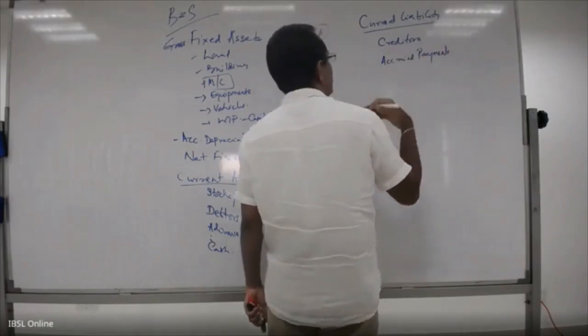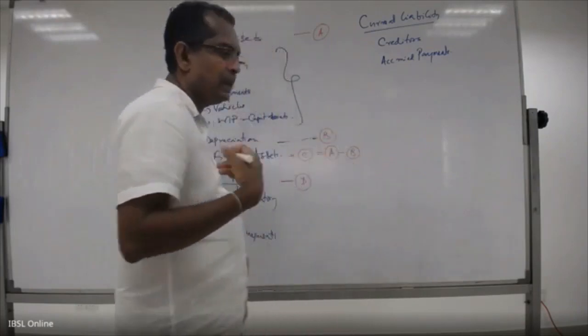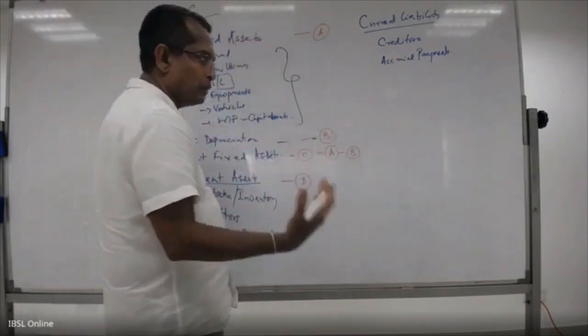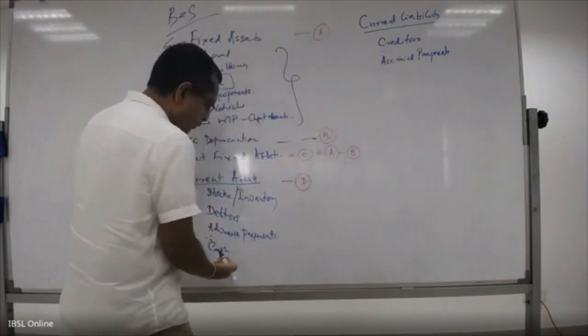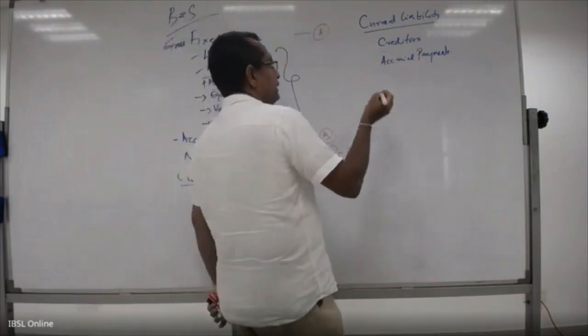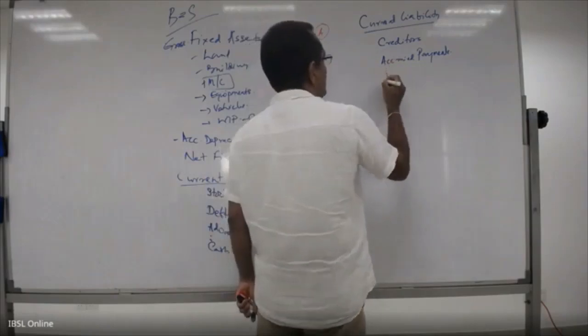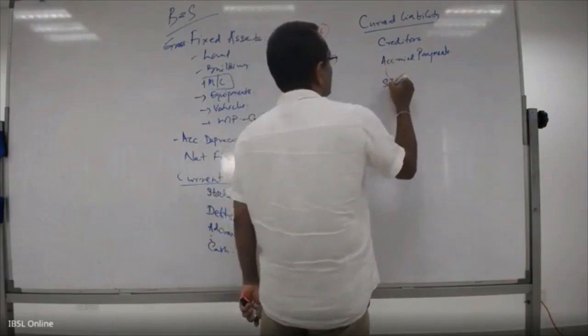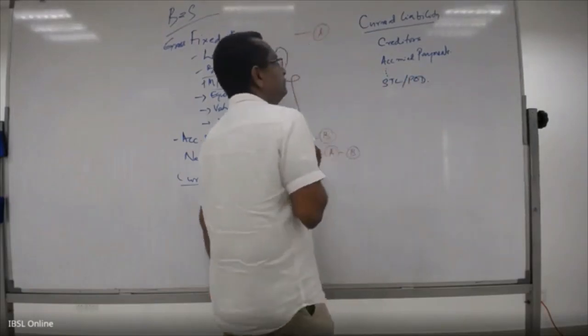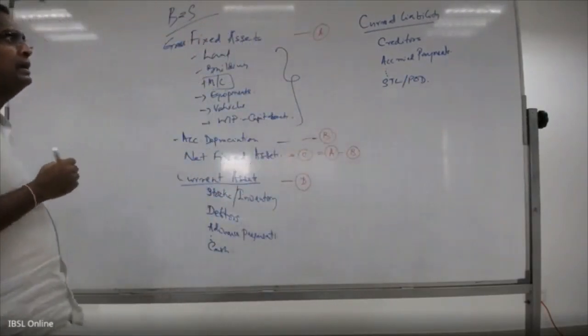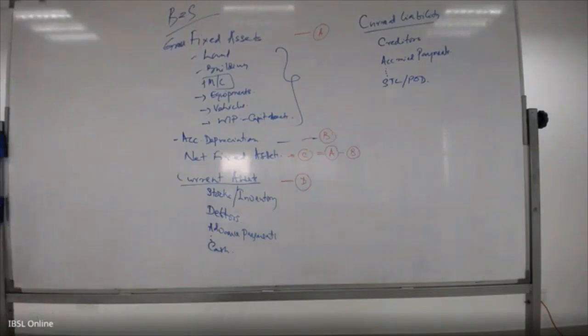Then if you have taken some money from the directors of the company, you have to give that amount, due to directors. Then you have short-term loans and PODs here. This is your current liabilities.